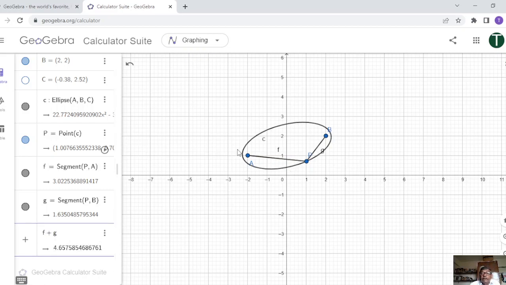That is PA plus PB. The sum of these two line segment lengths is 4.6. Yes, it is 1.6 plus some 3, 4.6 around that. So F plus G is the sum of the lengths of PA and PB.